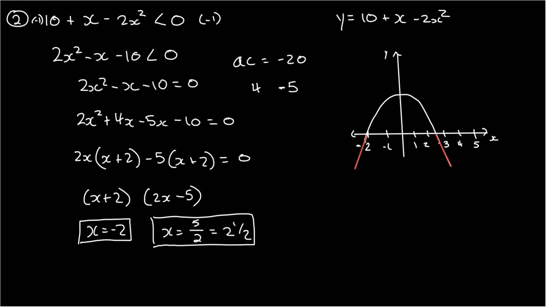In which case we can write that the set of values of x will be here. So x is greater than negative 2. X is greater than 2 and 1/2.